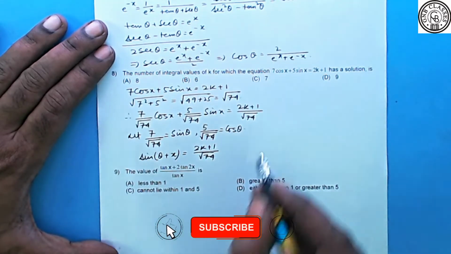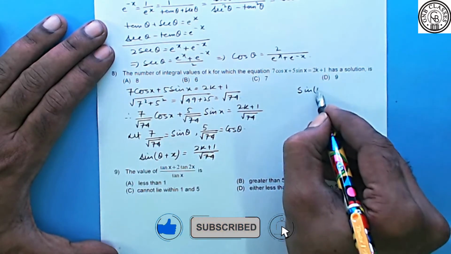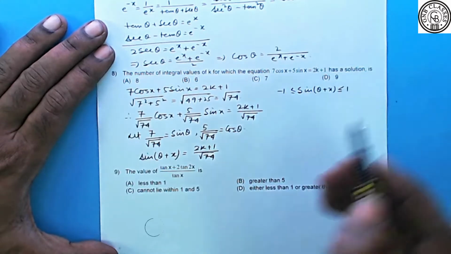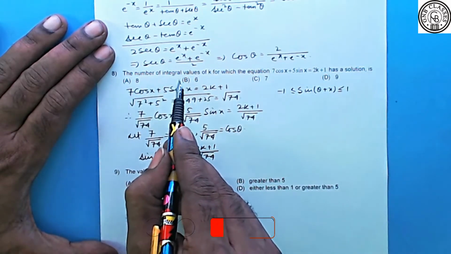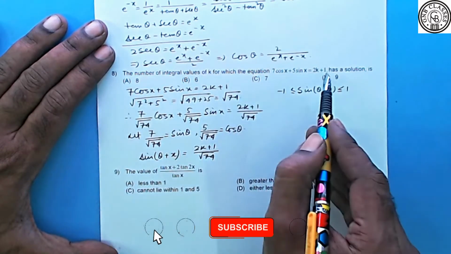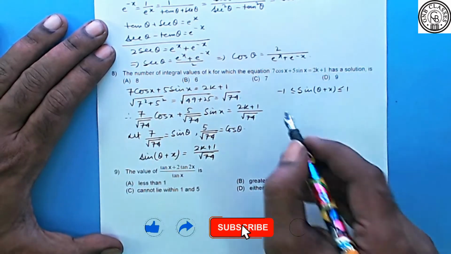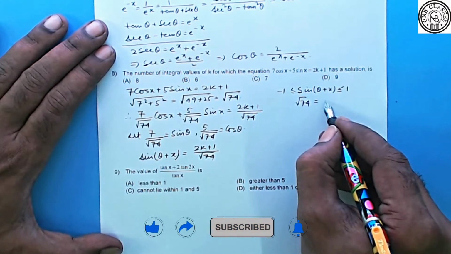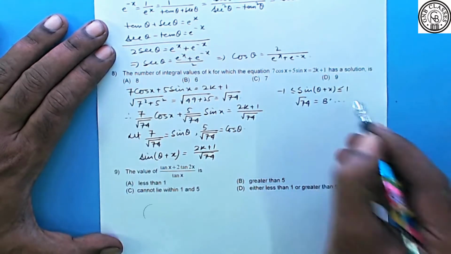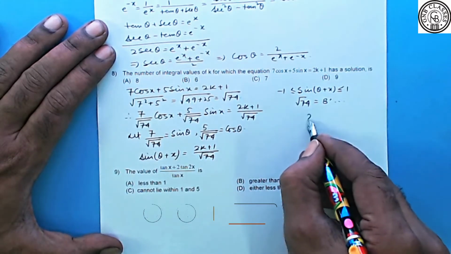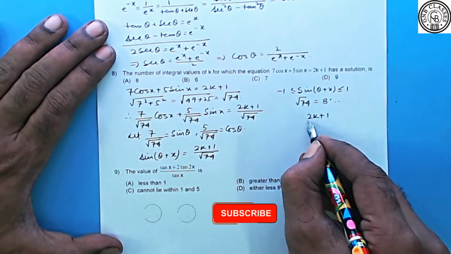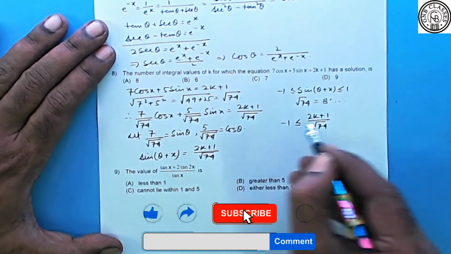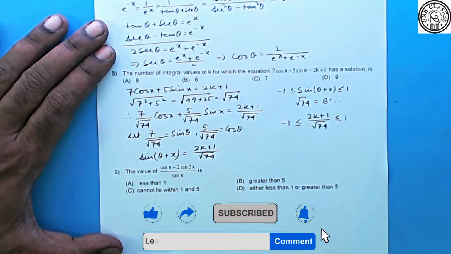Clear? Now, we all know that sin of theta plus x always lies between minus 1 and 1. The question is, find the number of integral values of k for which the equation has a solution. Root 74 is something like 8 point something. Okay? So your 2k plus 1 by root 74 should lie between minus 1 and 1.